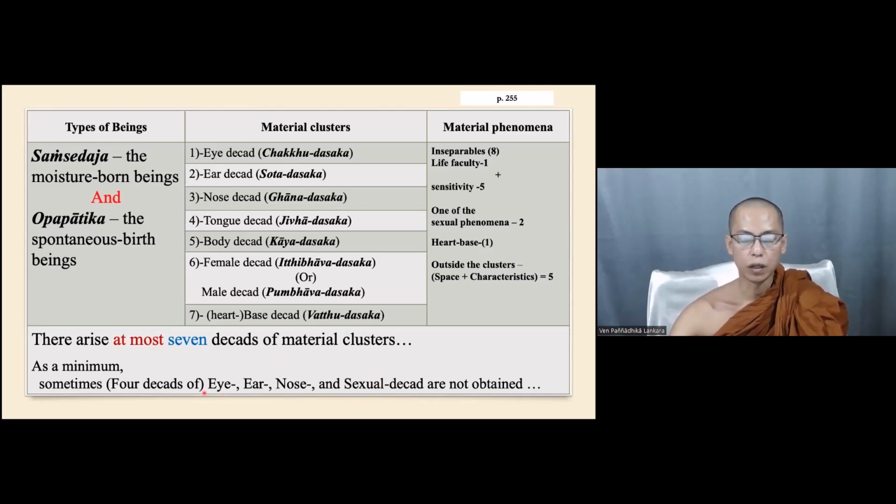Some individuals, because of the karma he or she has done in the past that produces this present life's rebirth linking, the karma has no power to produce the eye decad, the eye sensitivity.